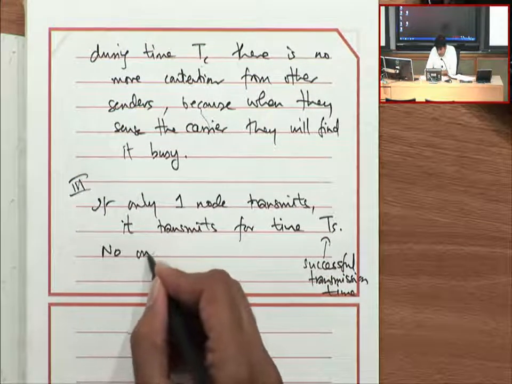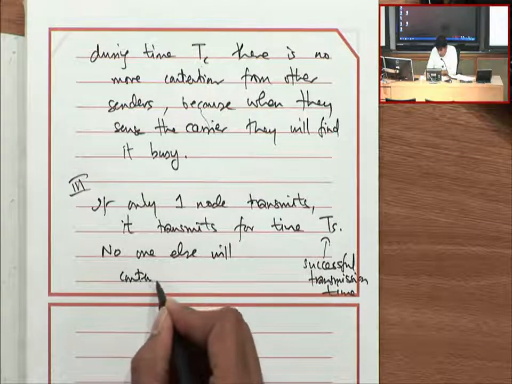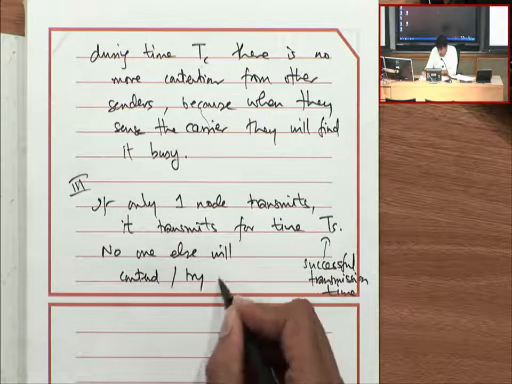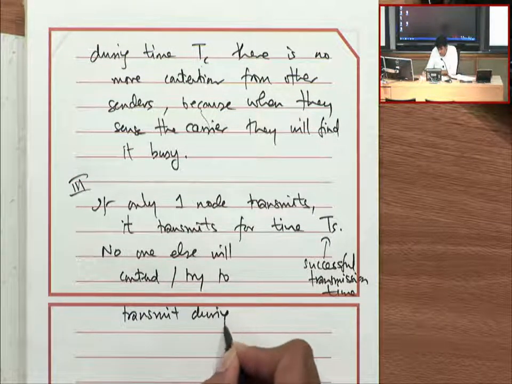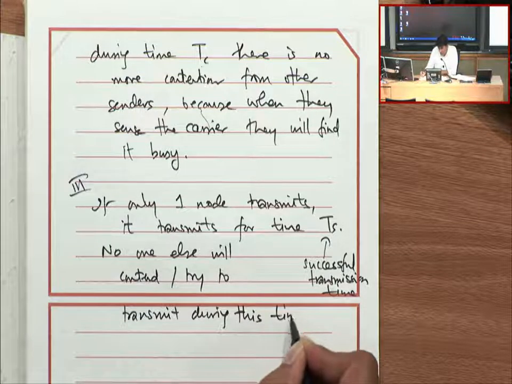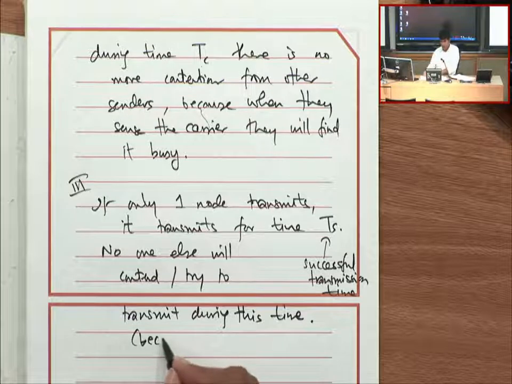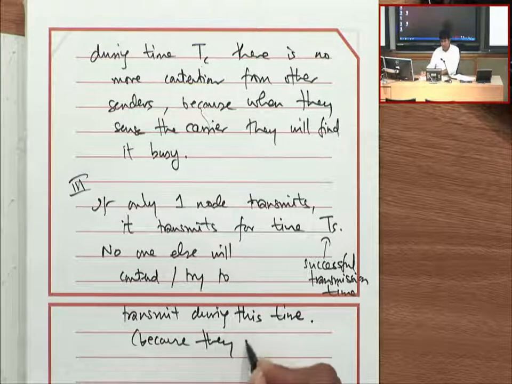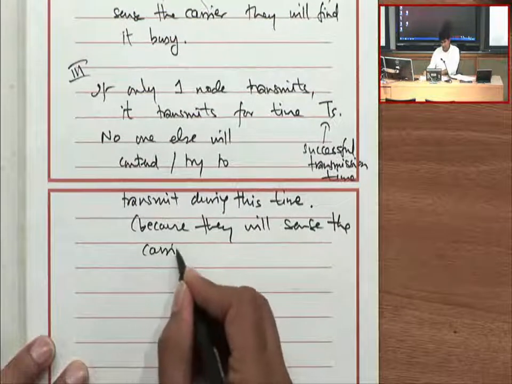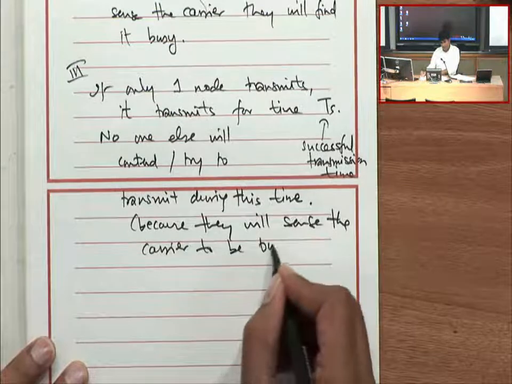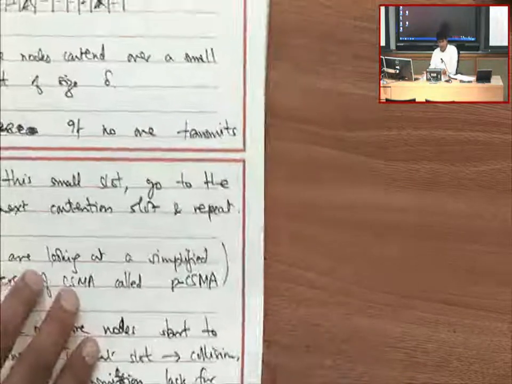And no one else will contend or try to transmit during this time. And the reason this is true is because they will sense the carrier to be busy. Okay.